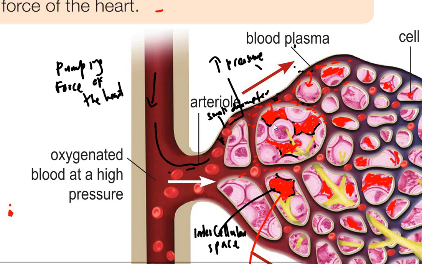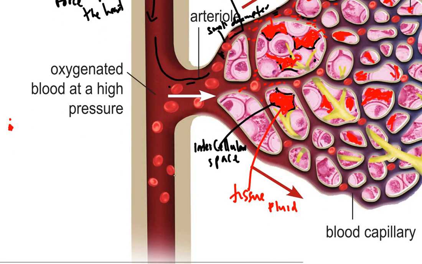So blood plasma contains erythrocyte. Erythrocyte is red blood cell. And then we have the leukocyte, white blood cell. Plasma protein. And then we have also platelets. Okay, for example.